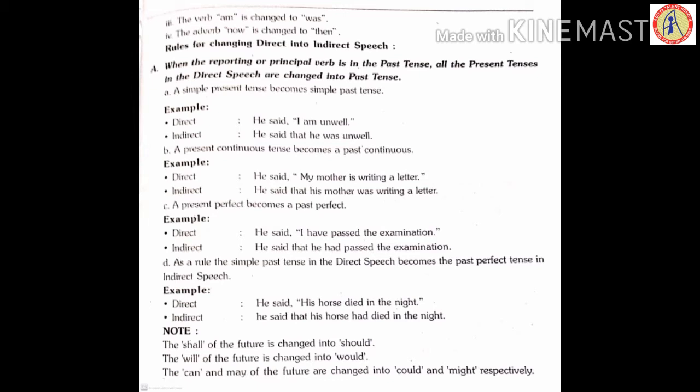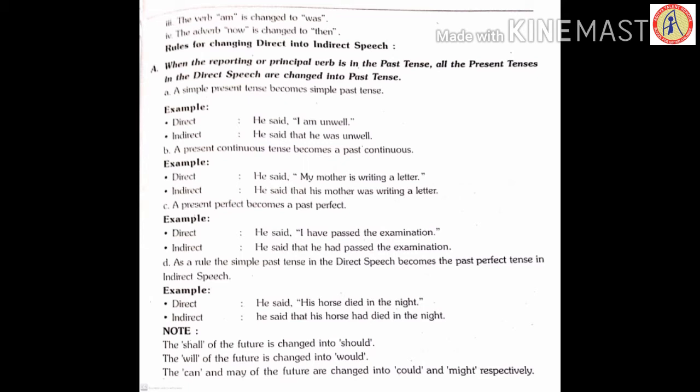He said, "I am unwell." He said that, "that" is a conjunction we use to remove the quotes. Am is changed to was. He was unwell. A present continuous becomes past continuous. He said, "My mother is writing a letter." He said that his mother was writing a letter. A present perfect becomes a past perfect.